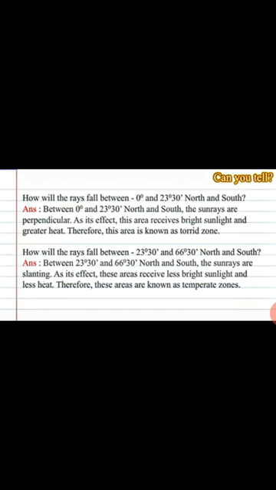Second answer: between 23 degrees 30 minutes and 66 degrees 30 minutes north and south, the sun rays are slanting. As its effect, these areas receive less bright sunlight and less heat. Therefore, these areas are known as the temperate zone.